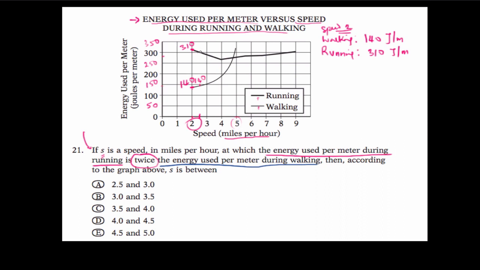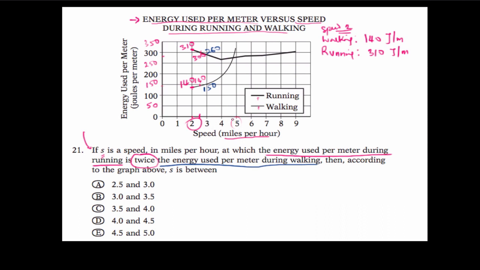And then here is around 300. Now when you get to 3, what you have here is 150, and at that 3 here, this corresponds to 200 and let's say 60.